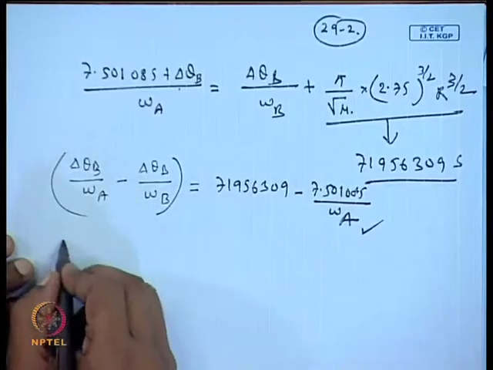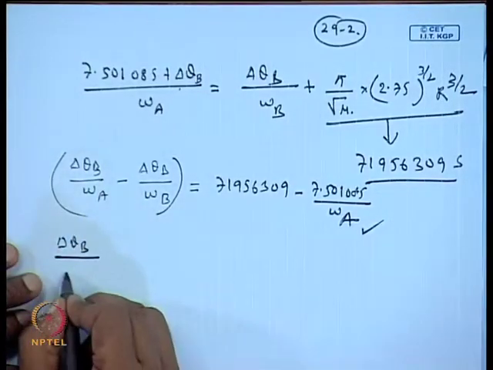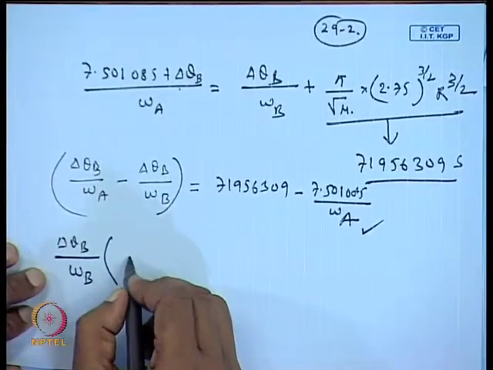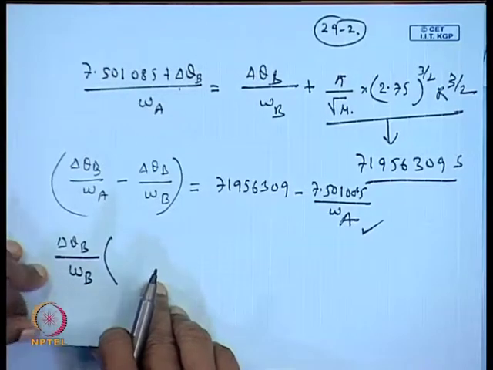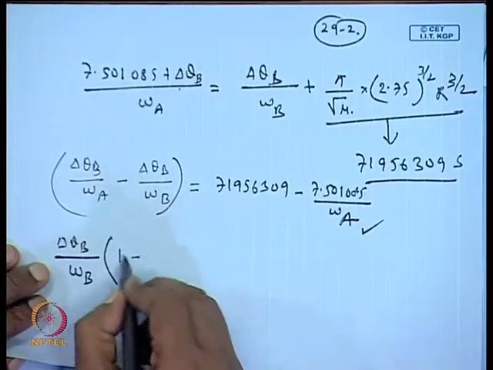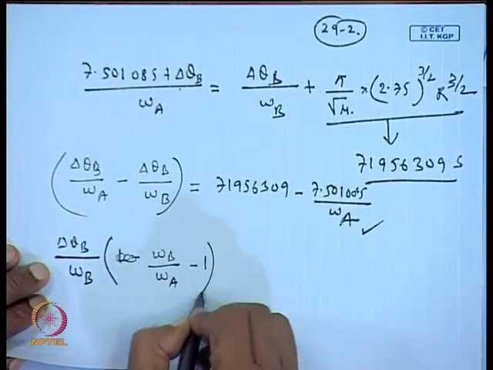Okay. Now, here what we can do, delta theta B we can take common, and also omega B. So, this will give us omega B by omega A minus 1.